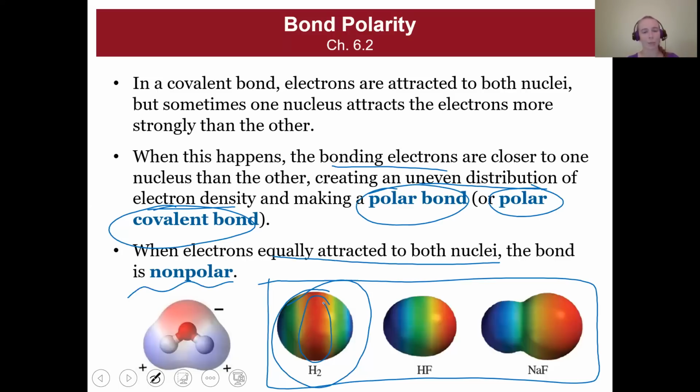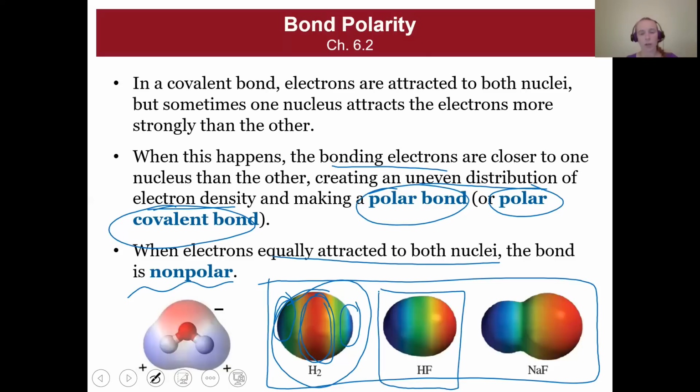So we end up with a uniform electron density where it's highest in the middle between the two nuclei and lowest on the ends of the molecule, because there aren't any other electrons in the H2 molecule, just the two that are in the bond. We don't have any lone pairs, so on the other side of the nucleus, away from the bond, we have a low electron density.